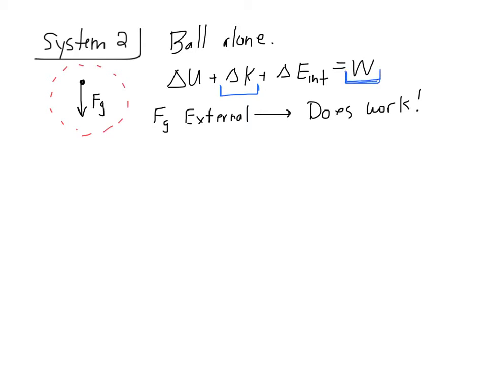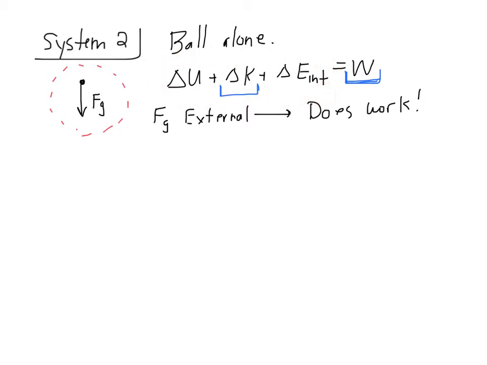So what else do we have? We don't have any internal energy. I know you guys don't really understand what the internal energy is. I hope that later in this video you'll get a clue a little bit. But for the moment, we don't have any change in internal energy. And so what are we going to do about this potential energy? Well, we have some potential energy, it would seem, because we have gravity. But remember that this is the system.